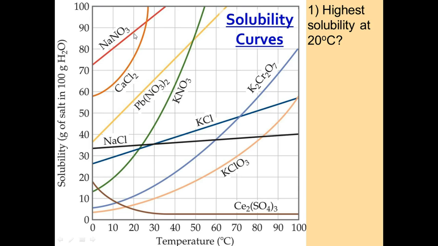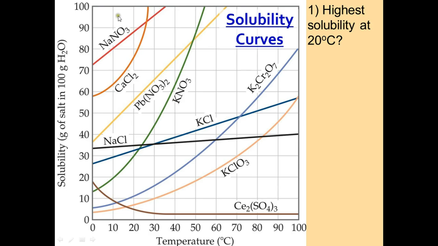And before we continue, I forgot to mention that each of these lines are saturation points. So at 20 degrees Celsius, NaNO3 would be saturated when we reach about 87 or 88 grams of solute in 100 grams of water. So these are all saturation points at various temperatures. So just remember that.